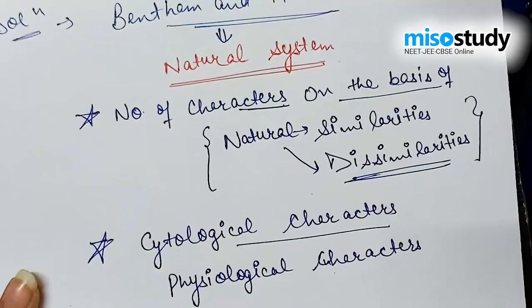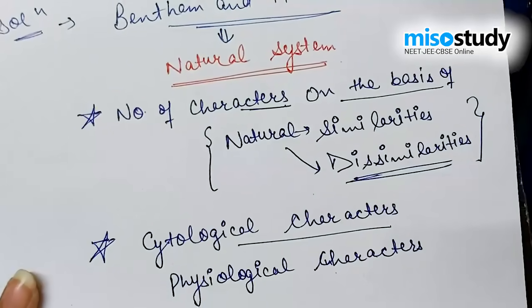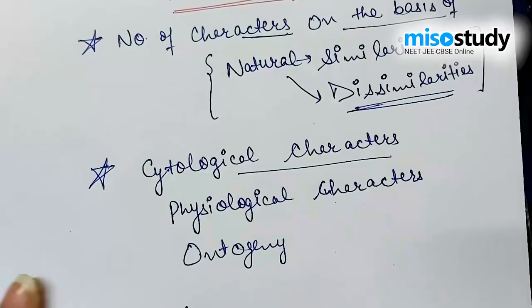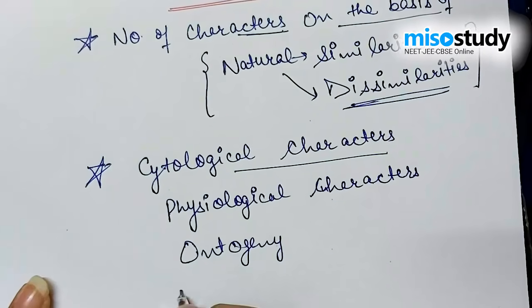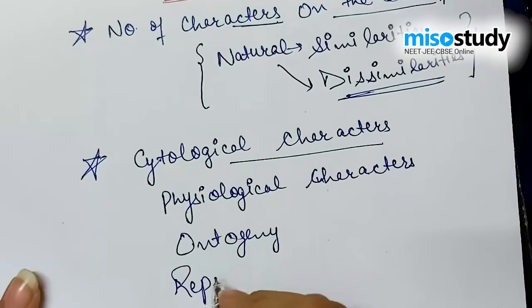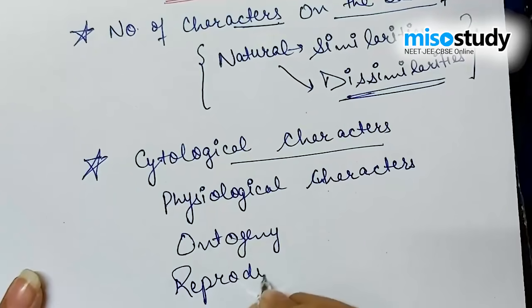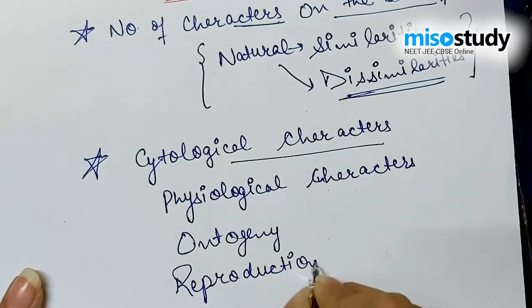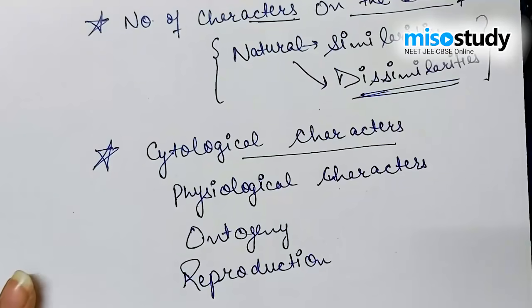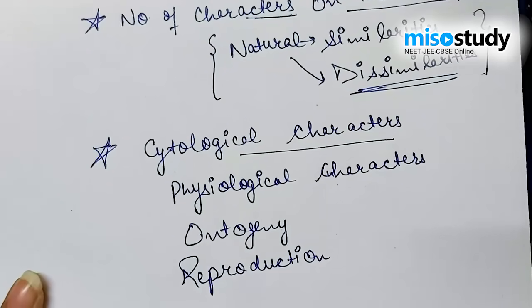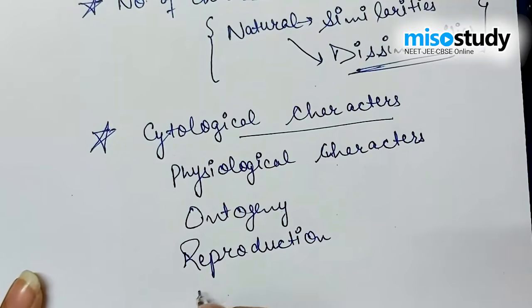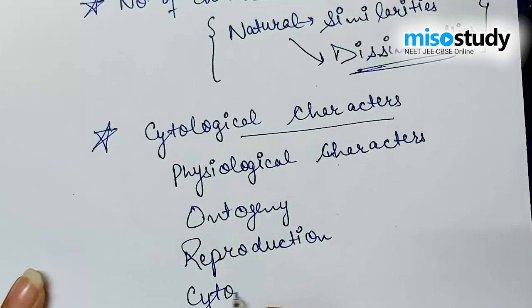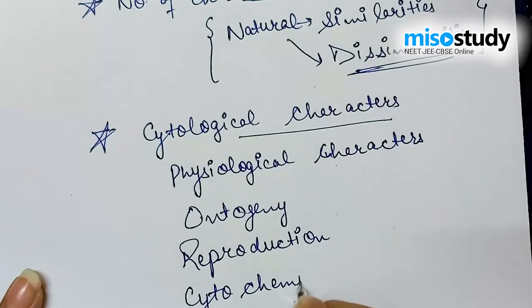Next, move on to the ontogeny, and they further include the point of reproduction through which there is a difference and dissimilarities between the various organisms. And last but not the least point is cytochemistry.